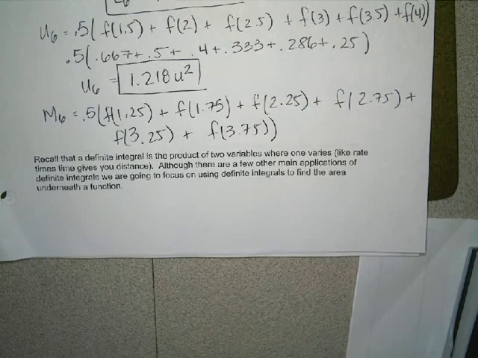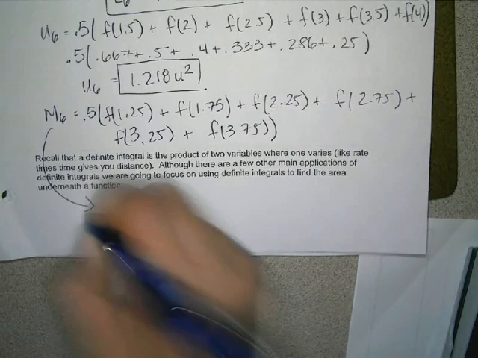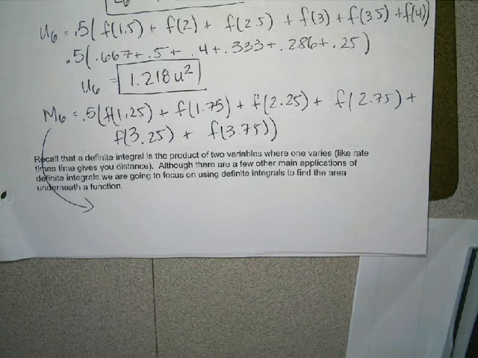On your own, or with your table, if you could find those y values, you might want to use the table feature of your calculator, because it's probably the quickest way to do it.